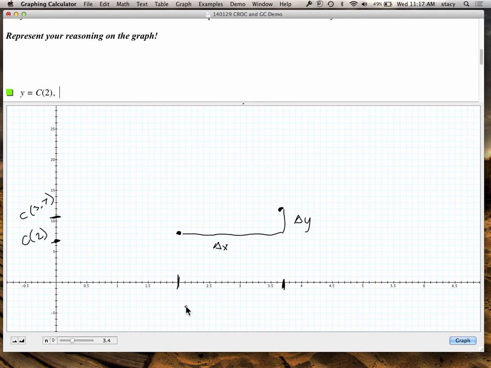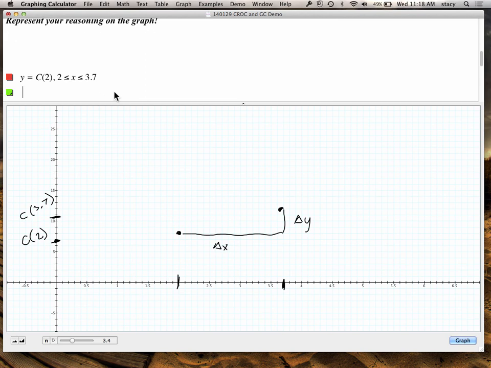How do I restrict it? So I need x between... okay. All right, I'll make it red. Okay. What about the vertical line?